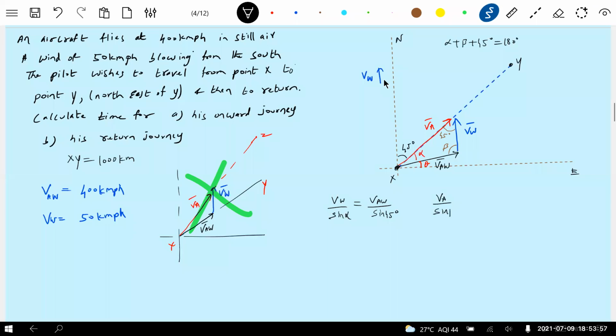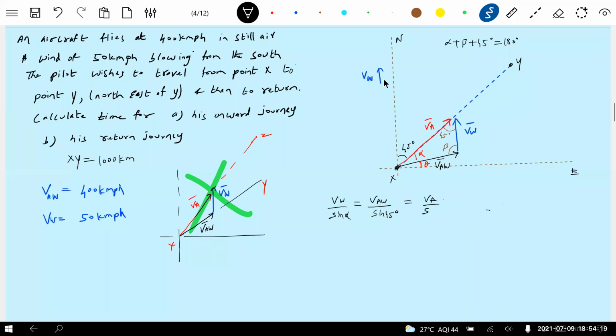From that, I'll go again for the sine rule. VA by sine beta is equal to VAW by sine 45. With the sine rule, all the unknown things you can find out.